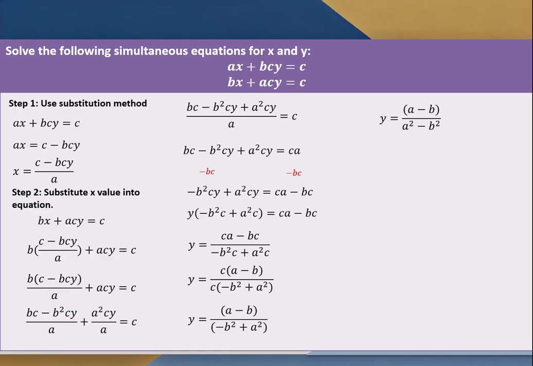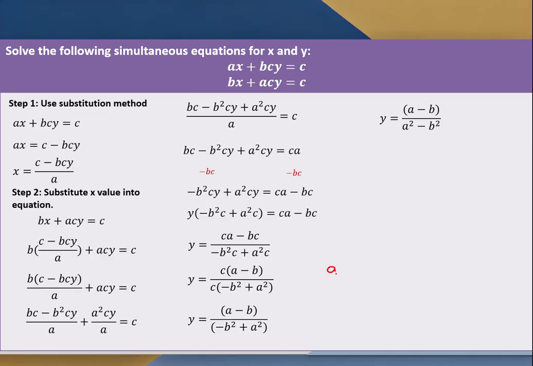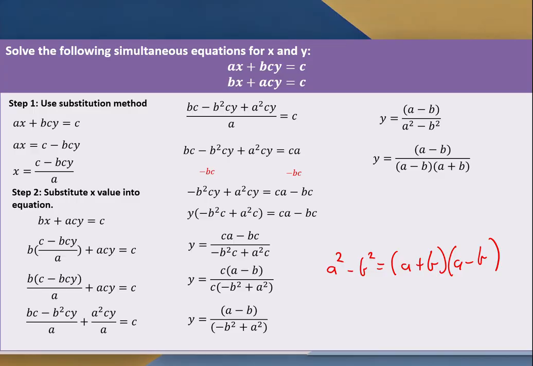This is why we really need to know our rules. The difference of two squares rule, a squared minus b squared is equal to a plus b, a minus b. So I'm going to put that into my rule. And now I've got a minus b over a minus b and a plus b. The a minus b's cancel out. That leaves me with a 1 on top over a plus b.